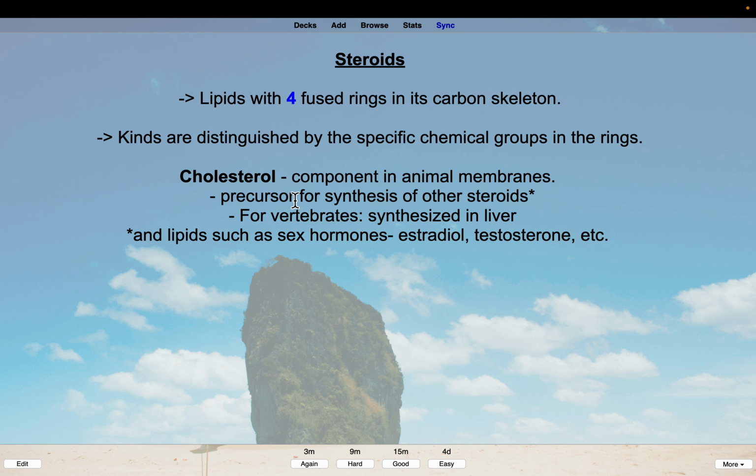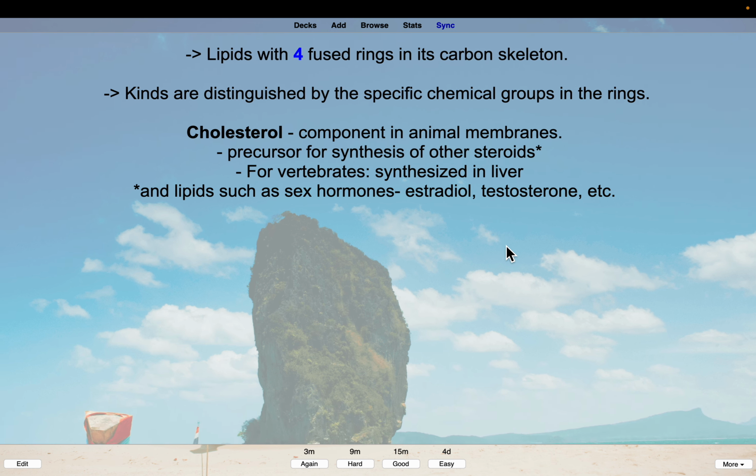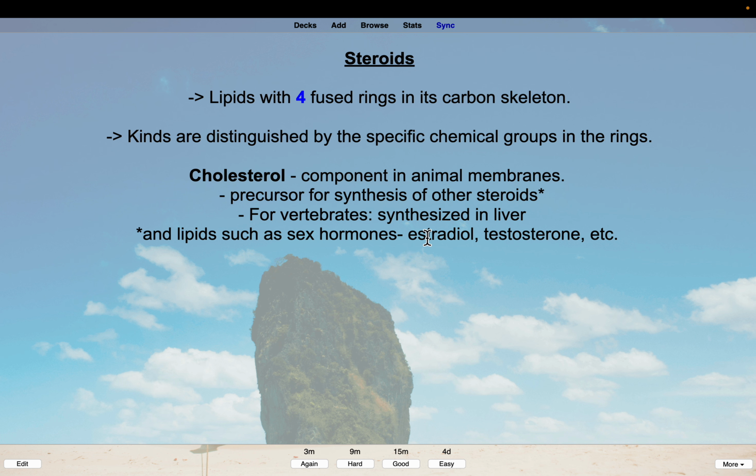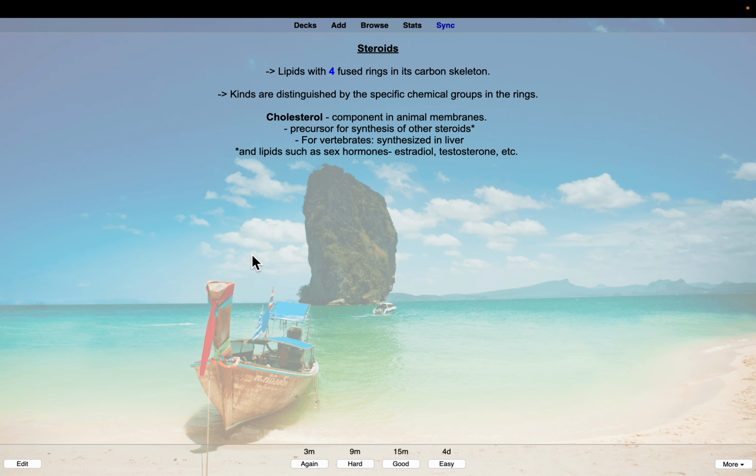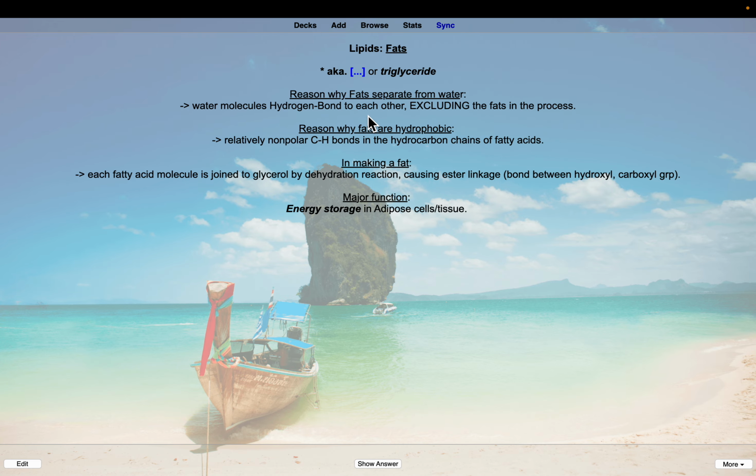It is a precursor for the synthesis of other steroids, and for vertebrates, this is made in the liver. And yeah, lipids such as sex hormones, estradiol, testosterone, etc. I think these are synthesized from cholesterol. I think that's what it means based on what's stated here. We'll clarify this more later on.